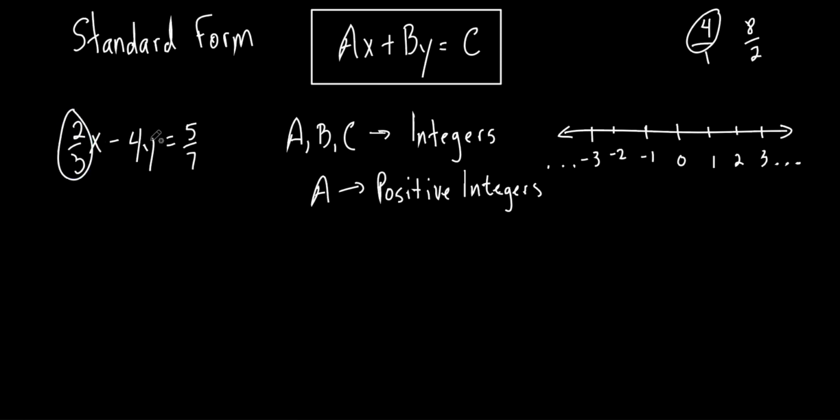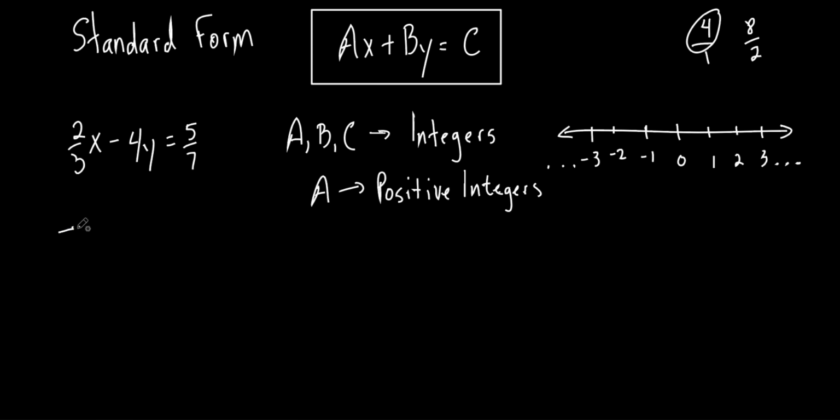This is our A. This is our B. And this is our C. Is that technically in standard form? What are some of the things that have to be true about standard form? That's right. You can't have fractions. Do we have fractions here? Yeah, we just finished talking about that. So you have fractions. Is this in standard form? No.